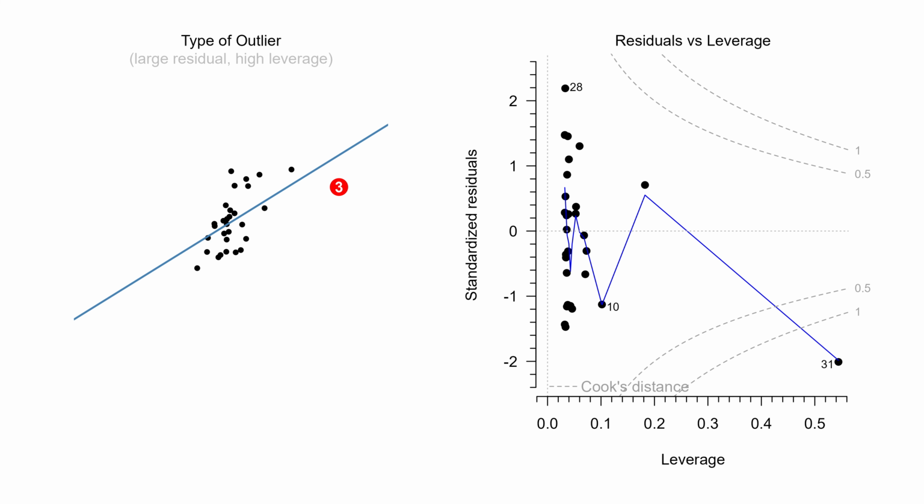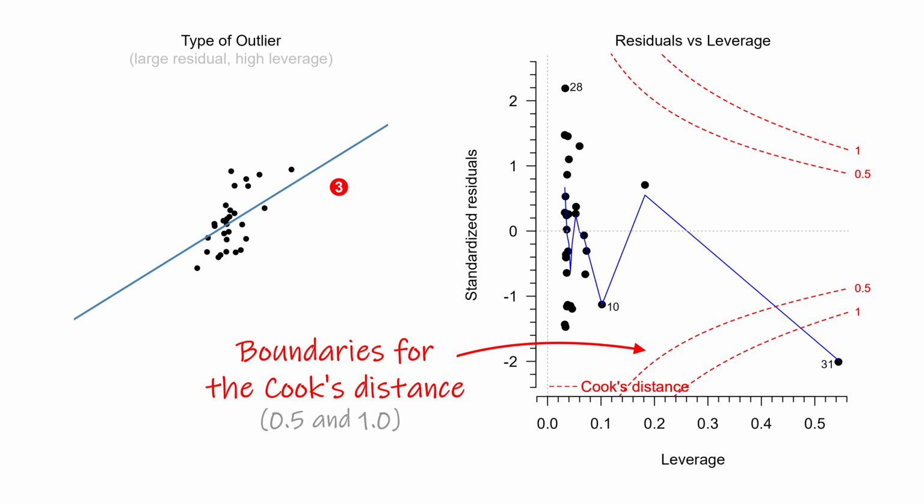This combination of a large enough residual and high enough leverage that leads to an influential outlier is encapsulated in the Cook's distance. A Cook's distance greater than 0.5 means the observation is at least anomalous and warrants further investigation. A Cook's distance greater than 1 means the observation is significantly outlying and has a lot of influence on the resulting model.